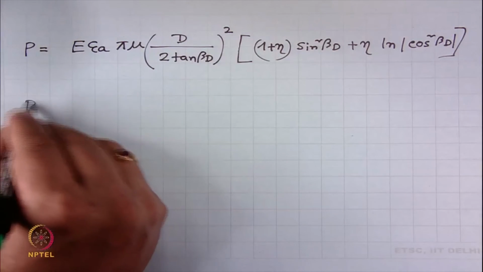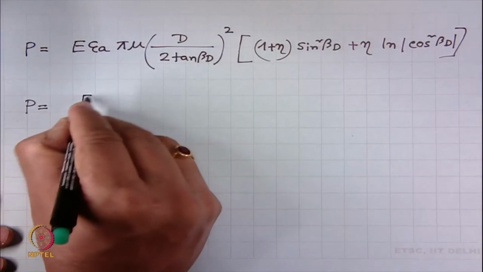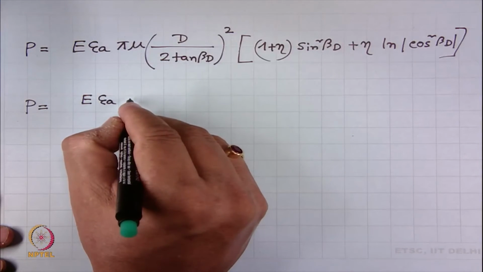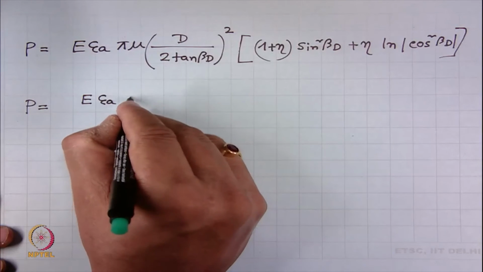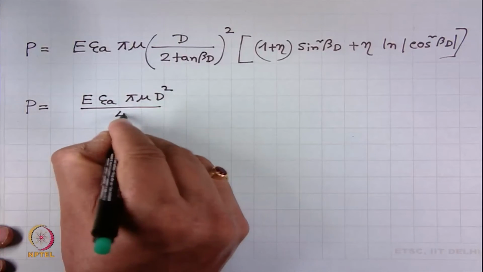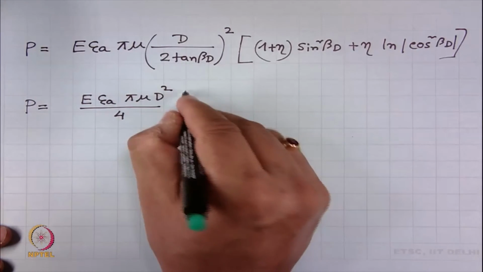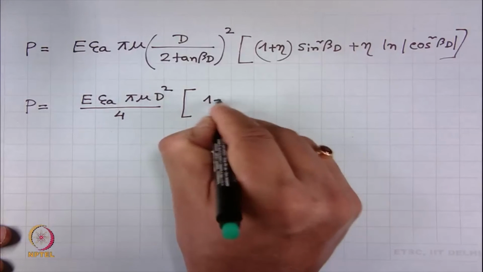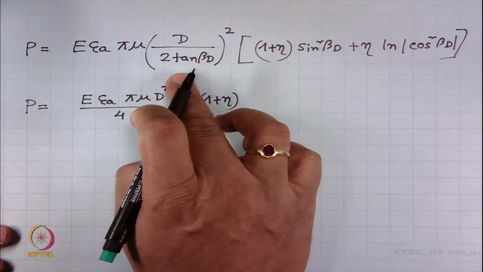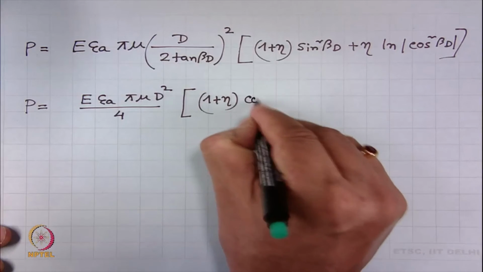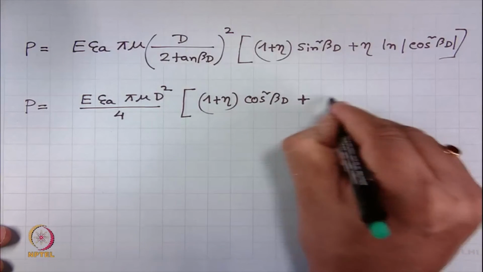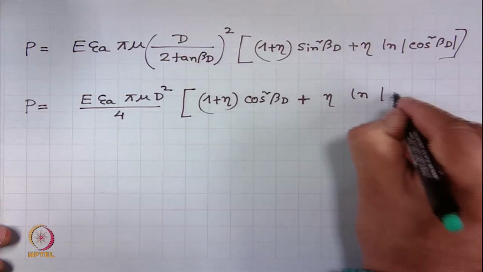So, what will become: E epsilon A pi mu d square by 4 into 1 plus eta sin square beta d divided by tan square beta d cos square beta d plus eta ln cos square beta d.